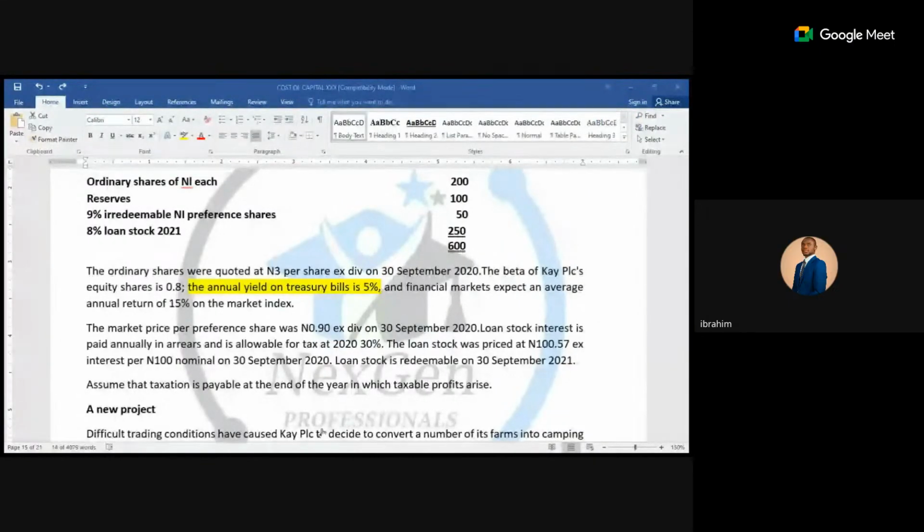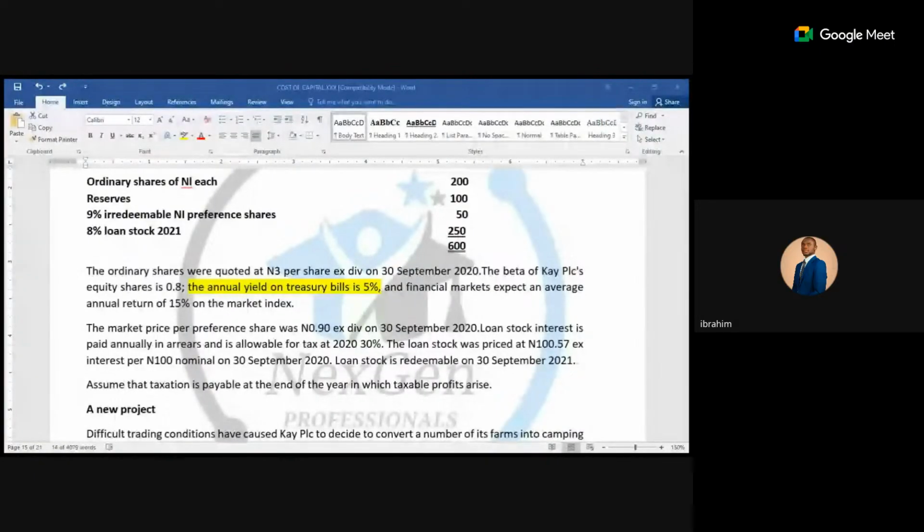Dividend over market value ex div. Yes, thank you. You can use the current dividend of preference shares divided by the market value ex div, or the market price ex div.